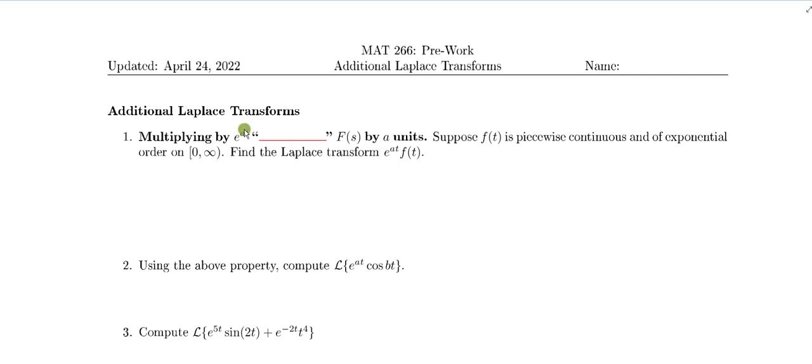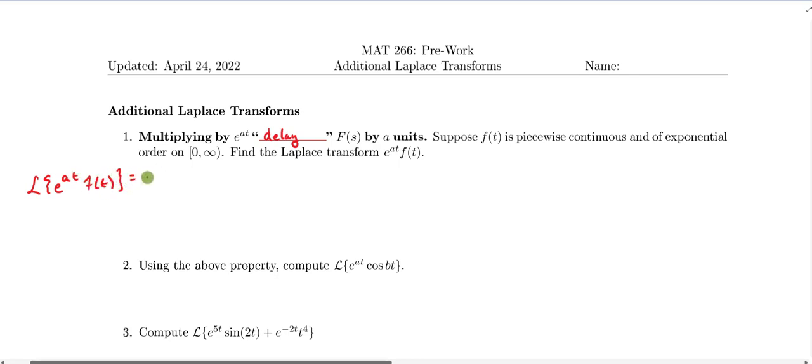The first thing I want to say is that if we multiply a function by e to the at, that's going to delay F of s by a units. What do I mean by that? I mean that if we take the Laplace transform of e to the at f of t, this is going to be capital F of s minus a.